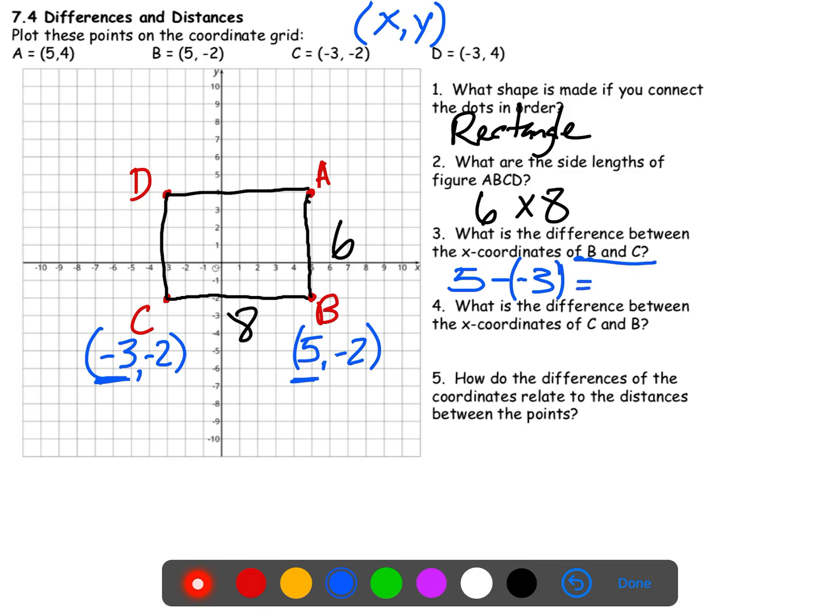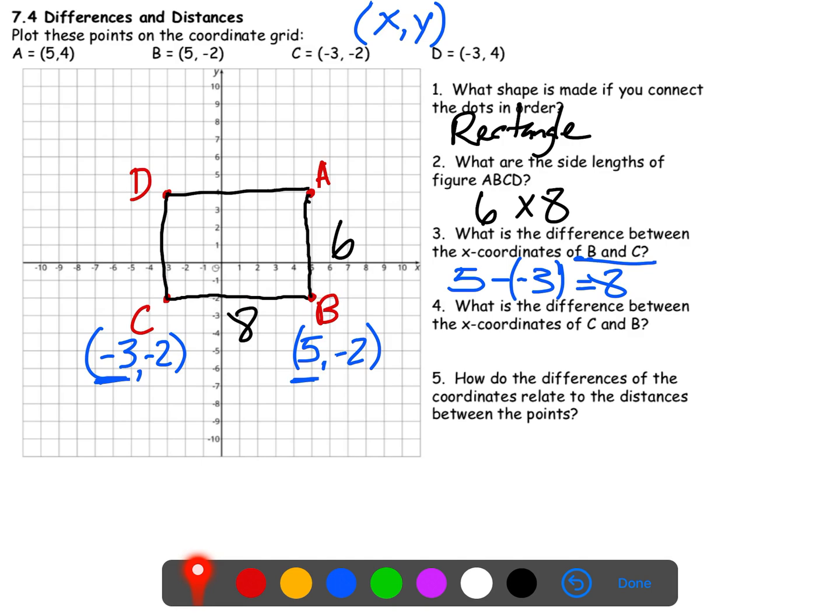Well, to find the difference, we're going to think of this as adding the opposite. Now, really, we could just count it because it's on this grid, but this is a good connection to what we're doing. 5 minus negative 3 is like 5 plus 3, and that's where we get our difference of 8. And you can see if we go from here to here, we'd have a difference of 8.